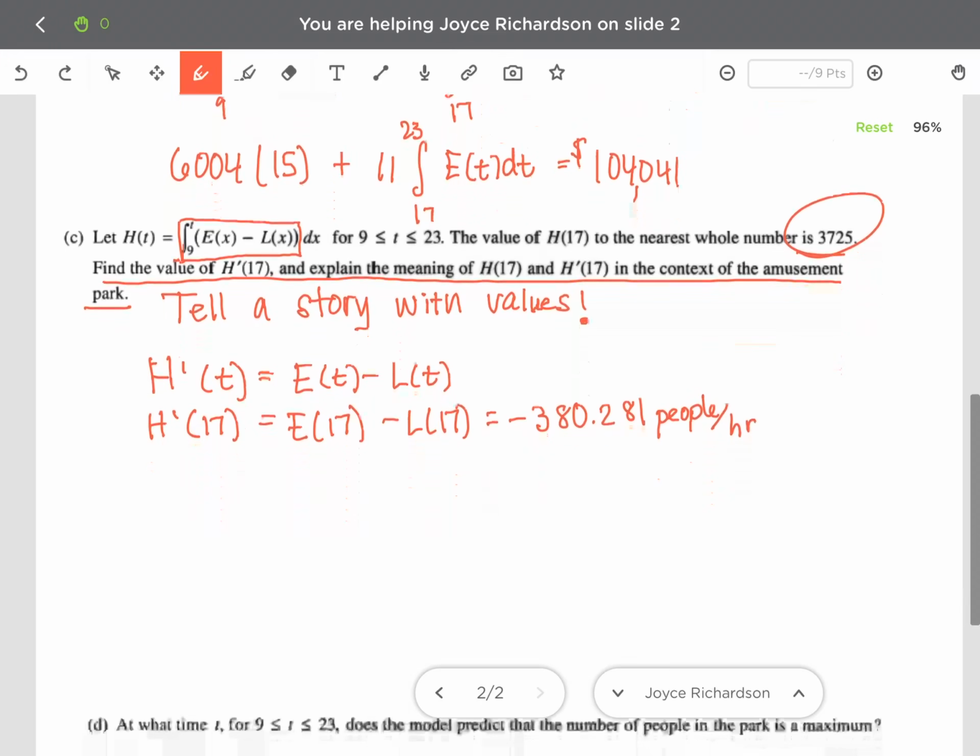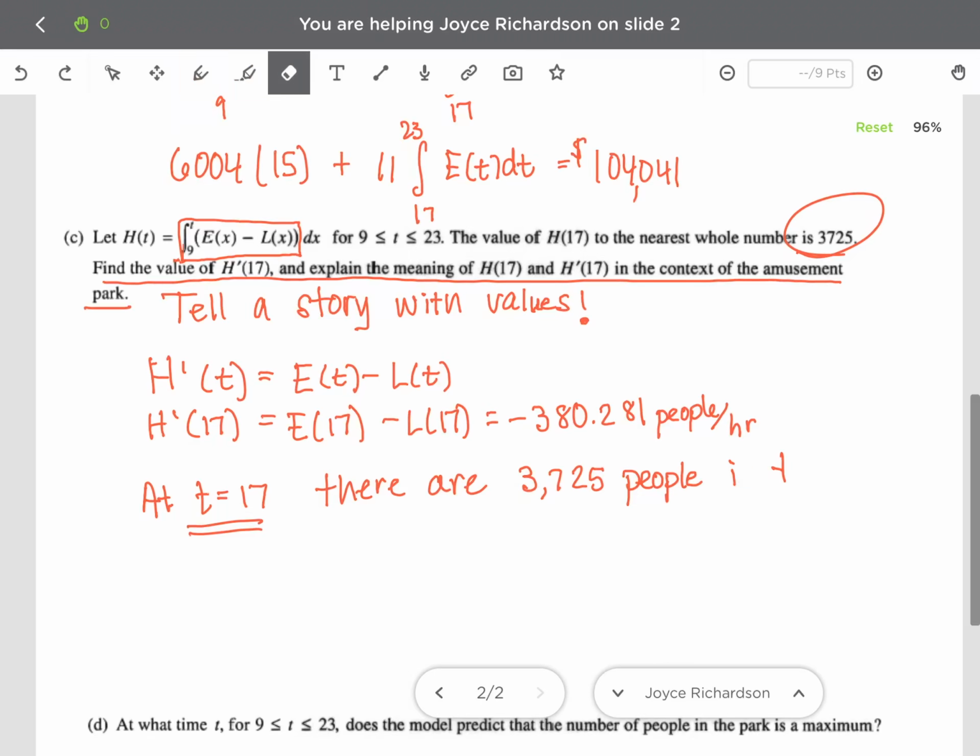Okay, so I'm going to go and explain this in the context. Right away, 17, that's at 5 p.m. So I can even say at t equals 17, because this is only good for t equals 17, there are 3,725 people in the amusement park.